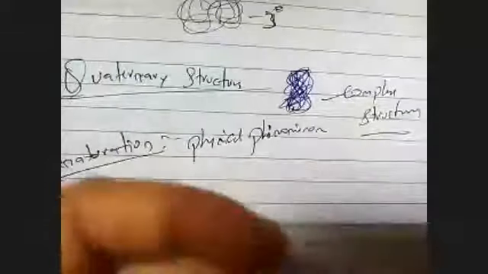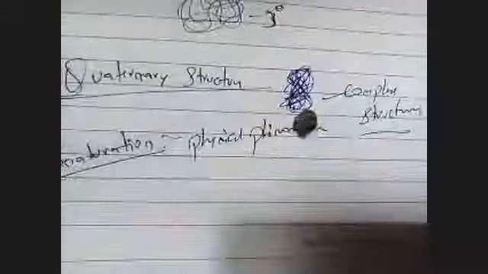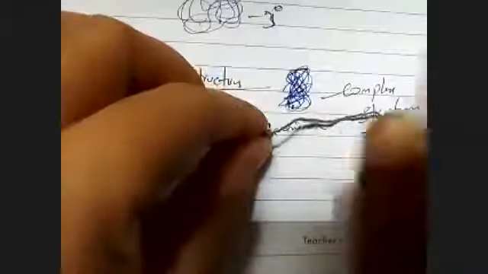Denaturation of protein means I'll put some agents, either heat or acid or a denaturing agent. What it will do, irrespective of chain, it starts cleaving it up, start breaking it up. So you will get pieces.